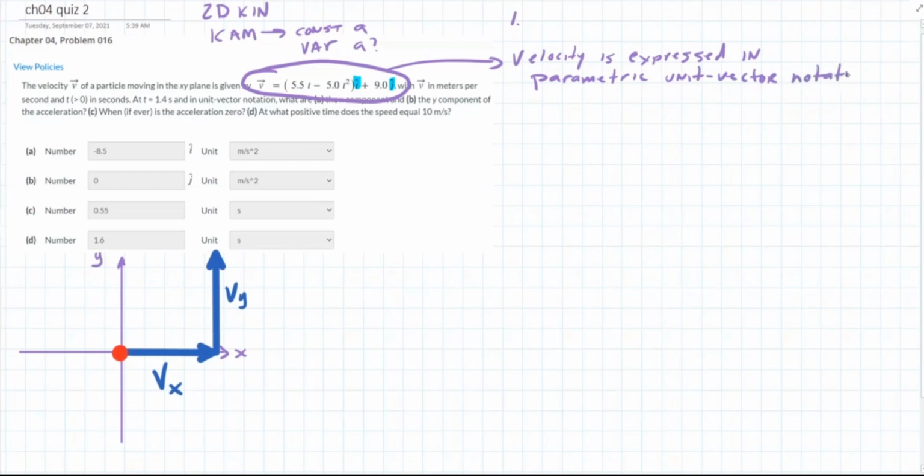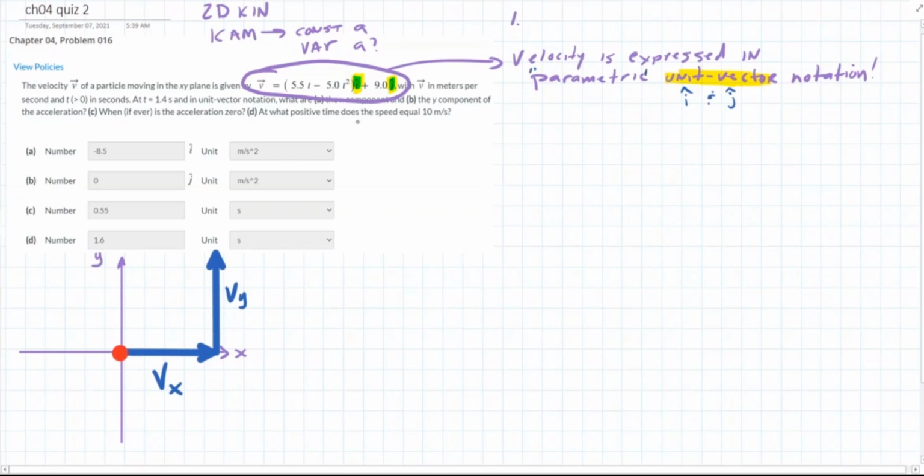Why am I saying unit vector notation? That's easy. I'm saying unit vector notation because you can see an i hat, which signifies the x dimension, and I can see j hat, which signifies the y dimension. So unit vector notation is a no-brainer because, again, I can see an i hat and a j hat.